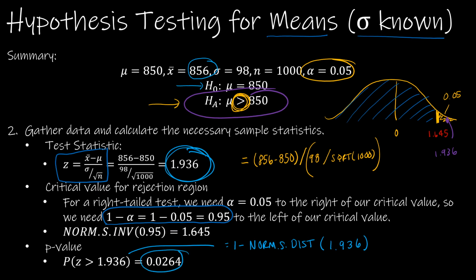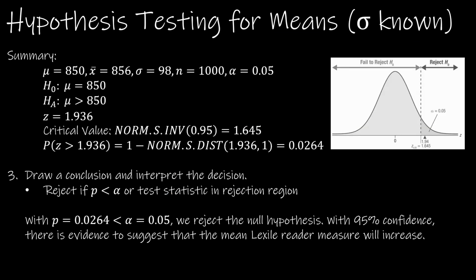Again, as a preview to what we'll talk about on the next slide, P, which is 0.0264, is obviously less than alpha, which of course tells us to reject the null, which is what we said with the rejection region as well. So again, based on everything that we have just found, we should be rejecting the null.